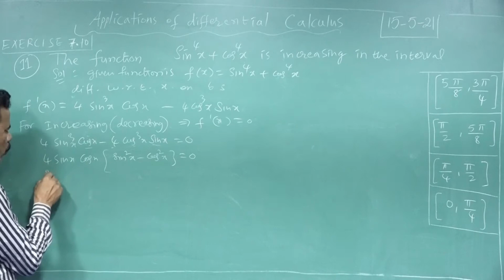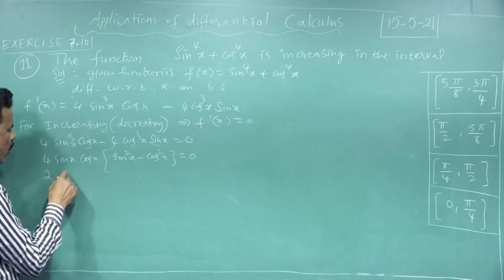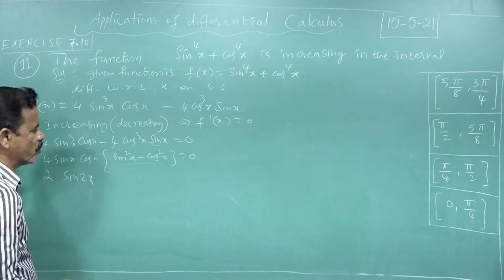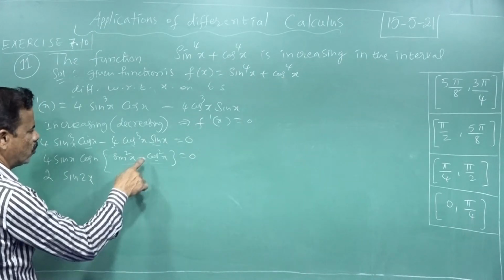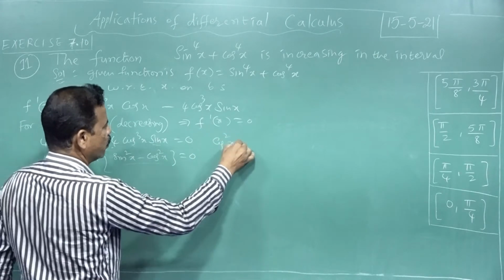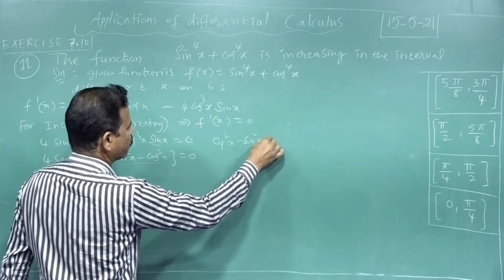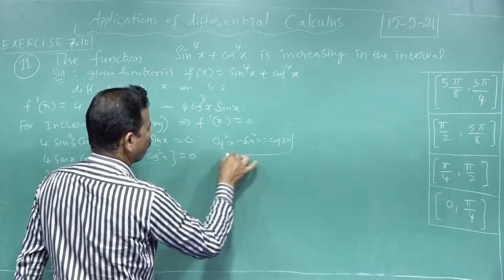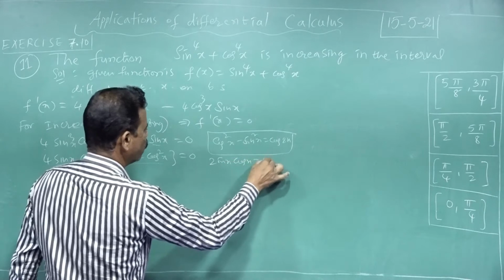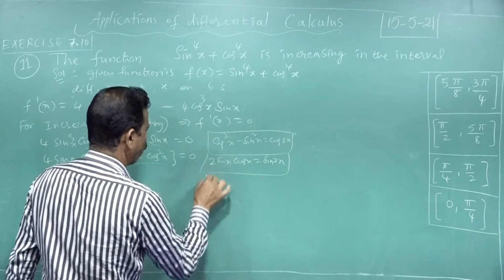Here taking 2 outside, 2 sin x cos x is sin 2x. The sin²x minus cos²x is minus cos 2x. Actually cos²x minus sin²x equals cos 2x is the formula, and 2 sin x cos x equals sin 2x is another formula.